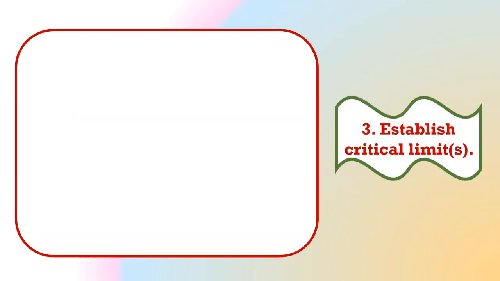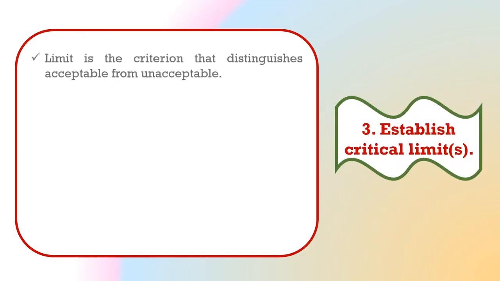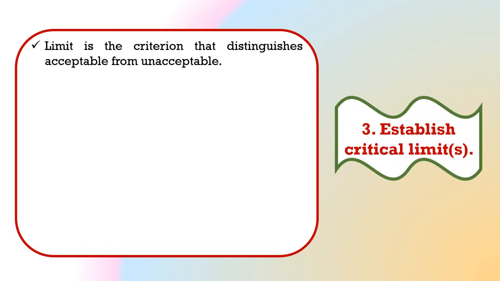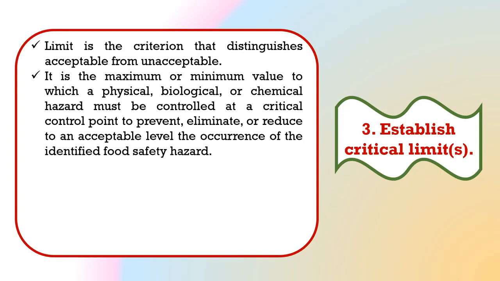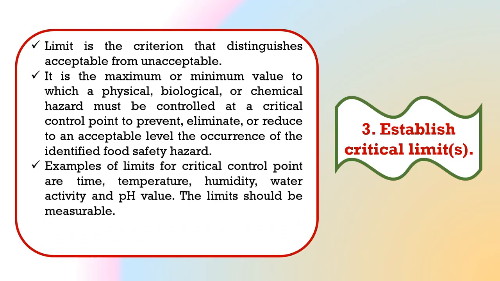The third principle is to establish critical limits. What do we mean by limit? A limit is the criteria that distinguishes acceptable from unacceptable. So it is the maximum or minimum value to which a hazard must be controlled at a critical control point to prevent, eliminate or reduce to an acceptable level the occurrence of the identified food safety hazard.